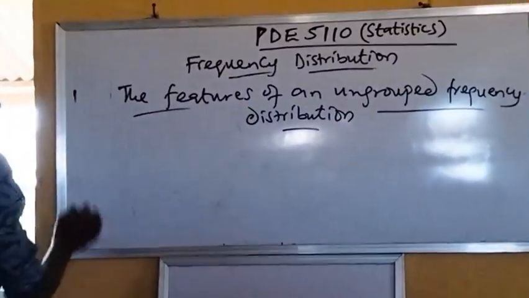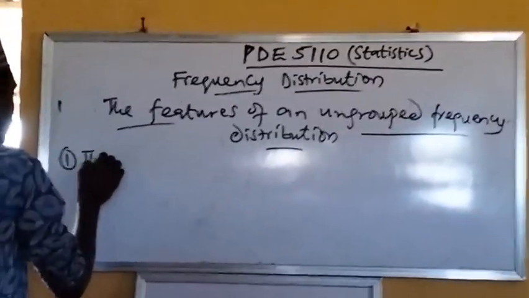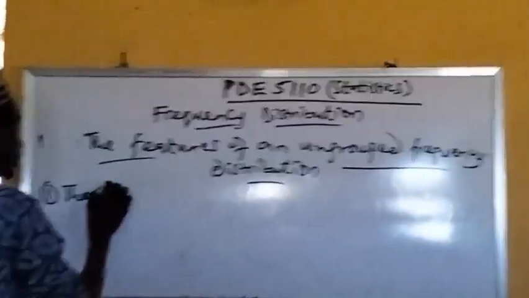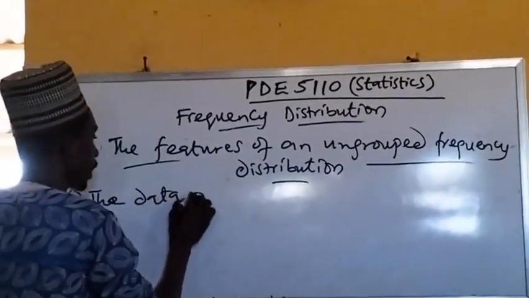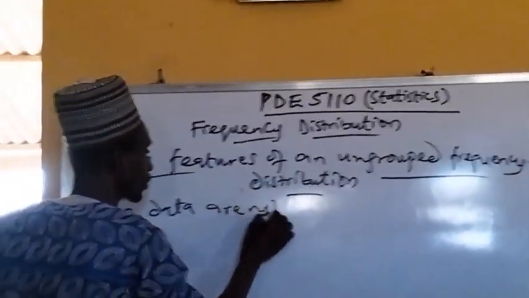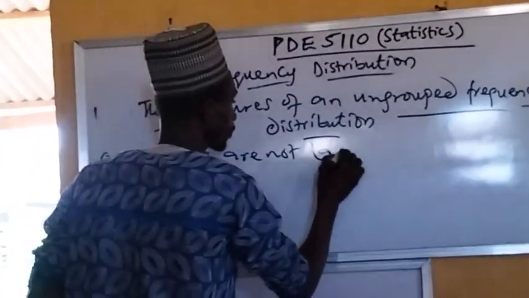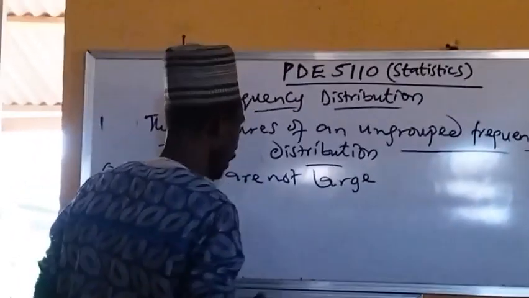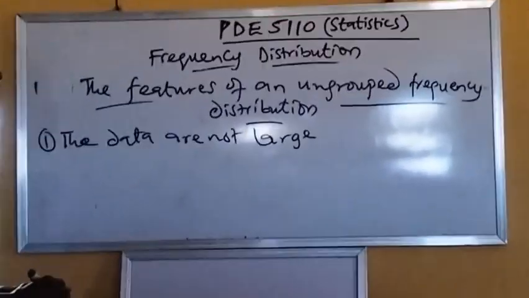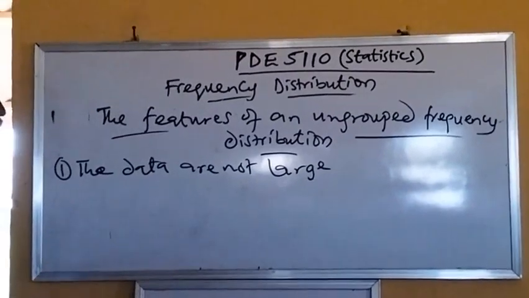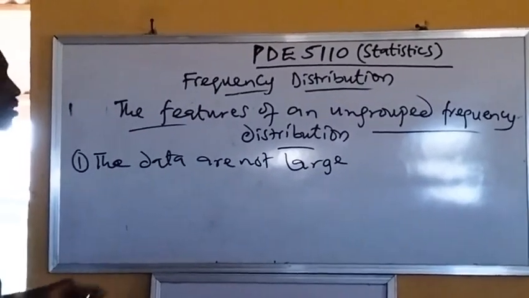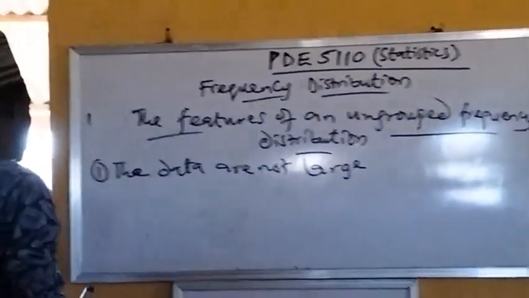Number one, the data are not large, so they usually have small data, not a very large data.